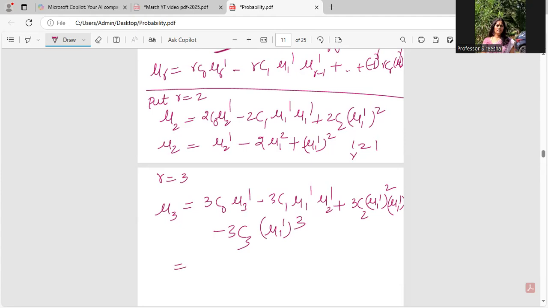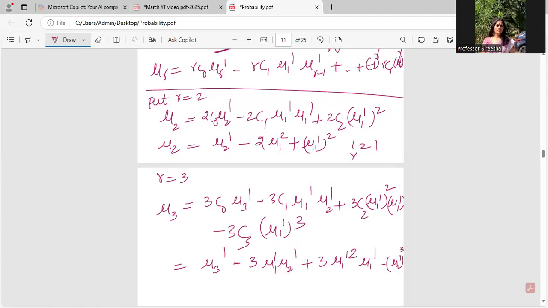You just observe here. 3c0 is 1, mu 3 prime, minus 3 mu 1 prime mu 2 prime, plus 3c2 will be 3. 3 into 2 by 2 into 1, 2 gets cancelled, so it is 3, mu 1 prime square, mu 1 prime, minus mu 1 prime whole cube.